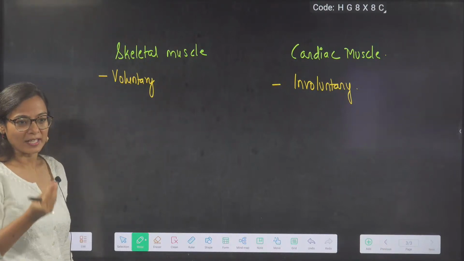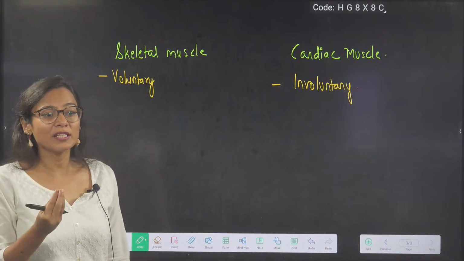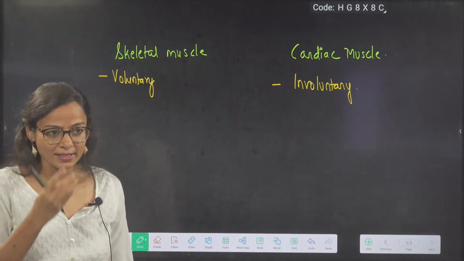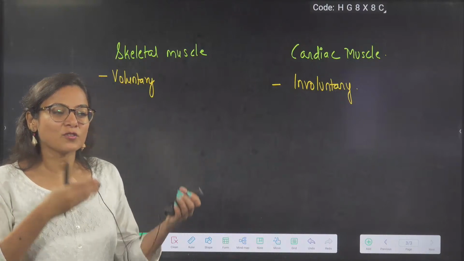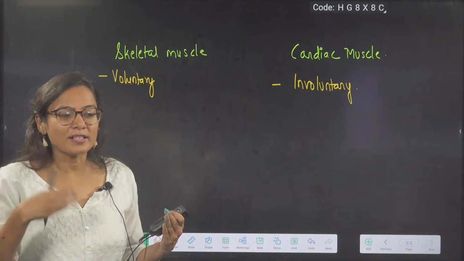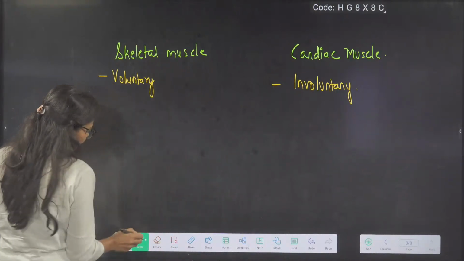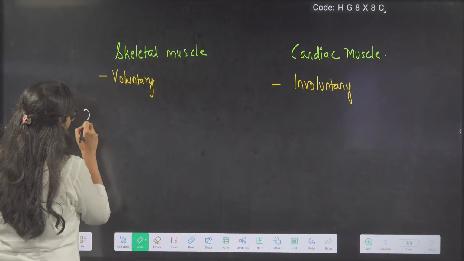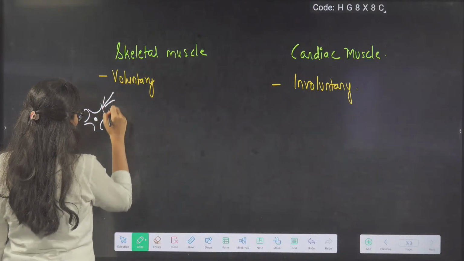It is with the help of some impulses, or we can say some neural signals, right? I hope you know a little bit of basics about the neurons, right? They send those messages or impulses or signals so that the function can be done. So suppose here you have a neuron.